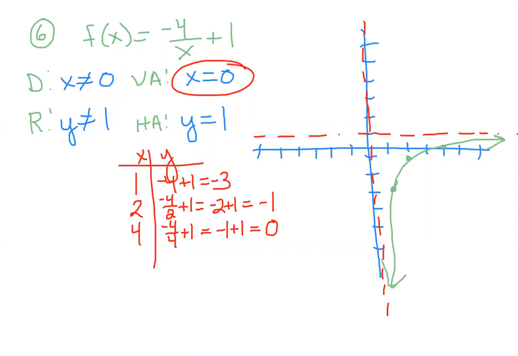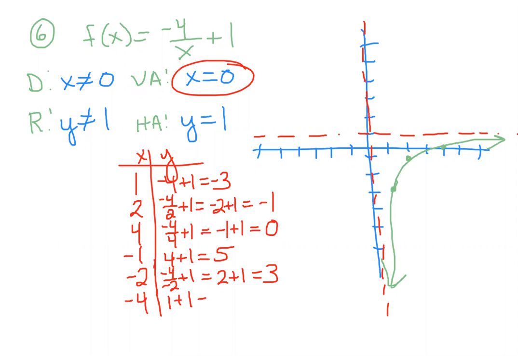And then if we pick some on the other side, if we pick -1, we're going to get +4 plus 1, which is 5. And if we pick -2, we're going to get -4 over -2, which is 2 plus 1, which is 3. And again, if we picked -4, that would be 1 plus 1, which is 2.